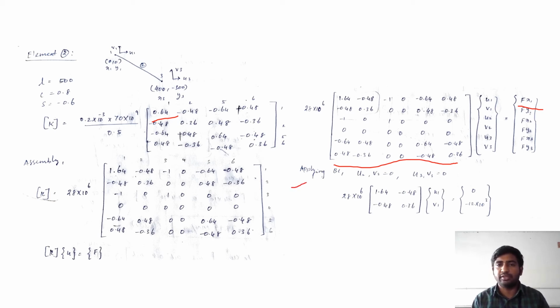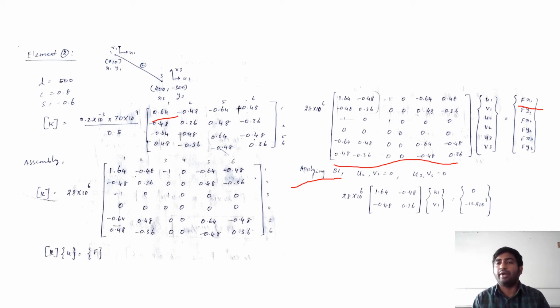So here we consider the boundary conditions. Boundary conditions mean, as I already told, that node 2 and node 3 are fixed. So u2, v2 value is 0 and u3, v3 value is 0. So we should cancel row 3 and column 3, row 4 and column 4, row 5 and column 5, row 6 and column 6, due to the boundary conditions applied. After applying the boundary conditions, we solve the problem.